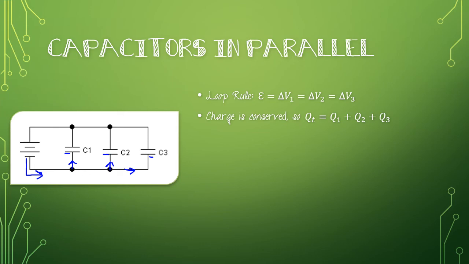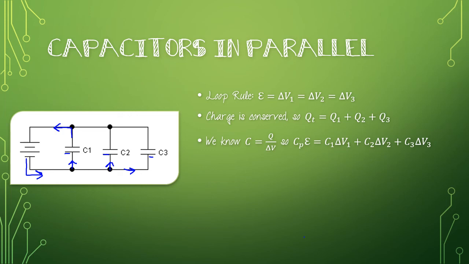Every time a single electron deposits itself on the bottom plate, we would have another electron leave the top plate, travel up and around my circuit, and then deposit itself on another bottom plate. And the process keeps going until my capacitors are fully charged. Therefore, that total charge that we would have on the capacitors has to be equal to the sum of the charge on each individual capacitor once it's fully charged.